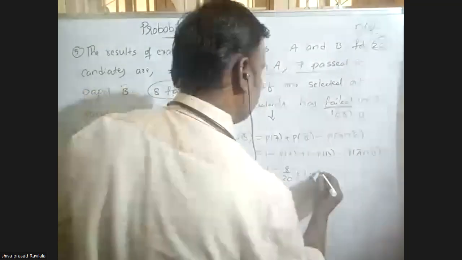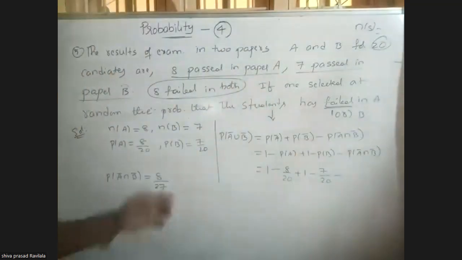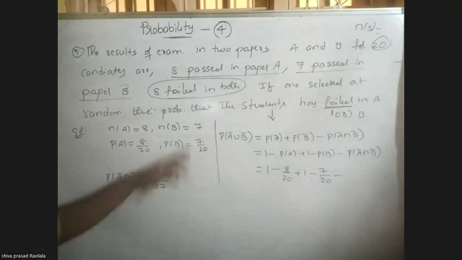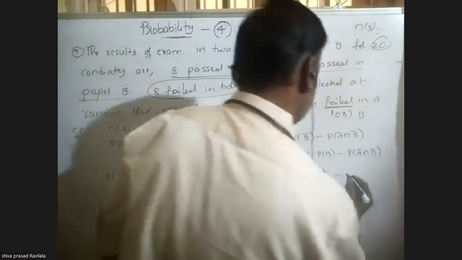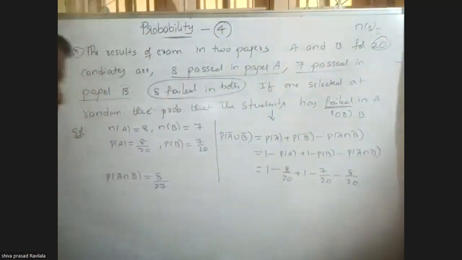Okay, remember that probability lies between 0 and 1, that is 7 by 20. Right. 1 minus probability of A is 8 by 20. Do the calculation. 20 minus 8 is 12 by 20, 13 by 20 minus 8 by 20, 25 minus 8. Is it 17 by 20?